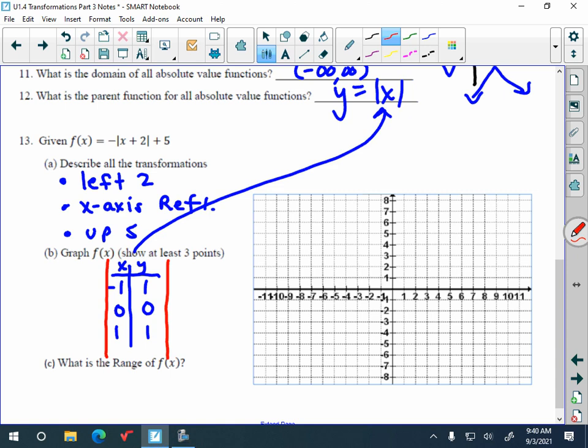All right, x plus 2, since it's on the inside, affects the x values. We do the opposite. Some of you forgot to do that on the quiz. All right, the outside stuff affects the y values, so we'll multiply by -1, and then add 5.